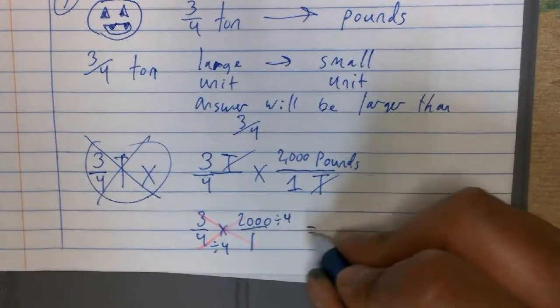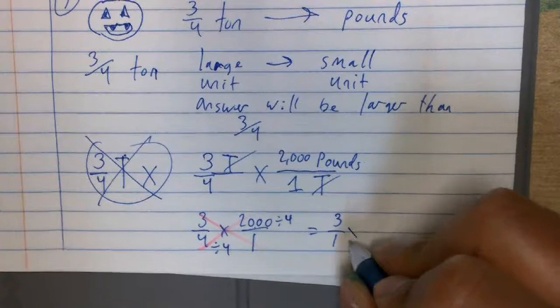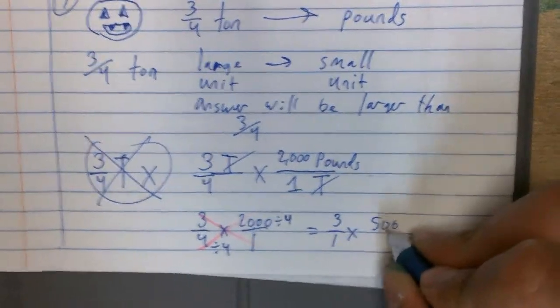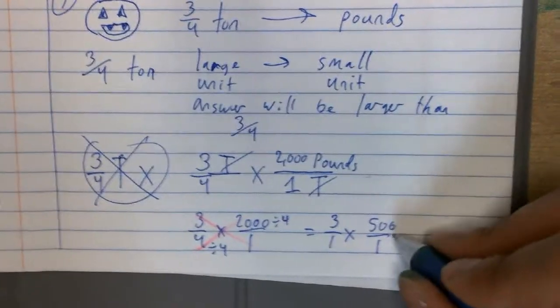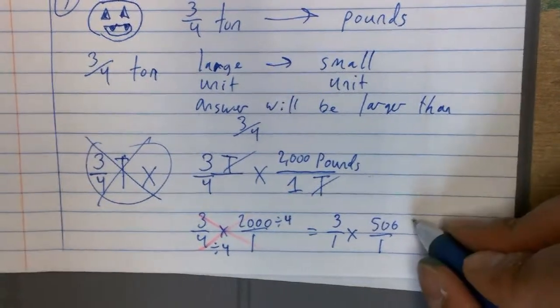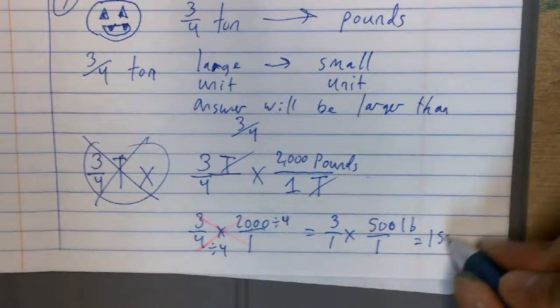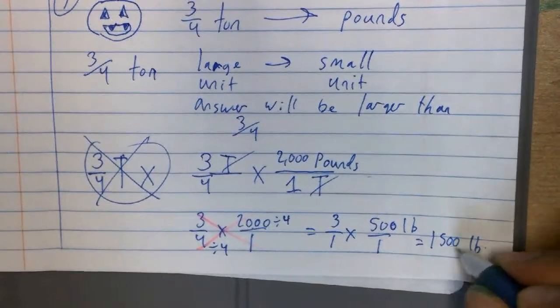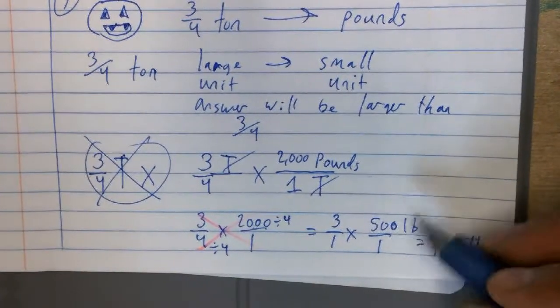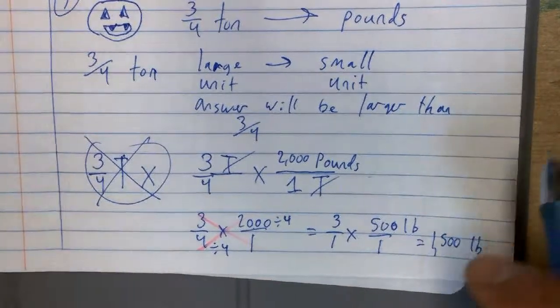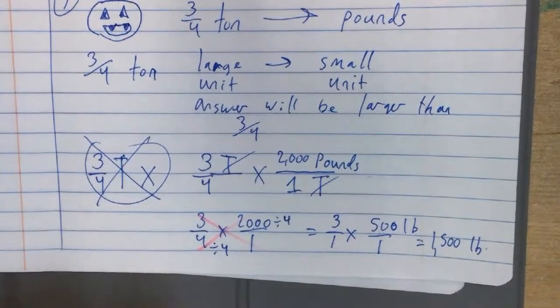All right, so that gives us 3 over 1 times 500 over 1. And before you say it, I forgot the unit again, didn't I? 500 LB, 1,500 LB, 1,500 pounds. Okay, 3 times 500, 1 over 1. Okay, I hope this helps.